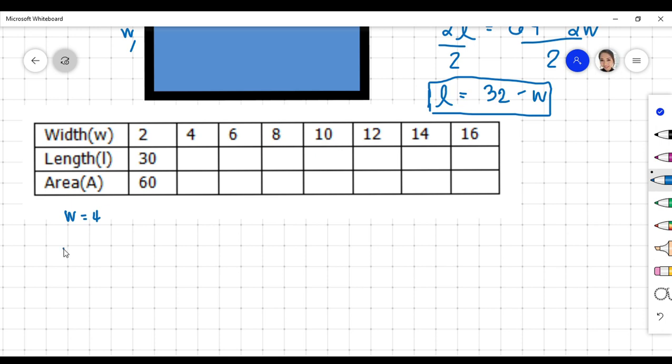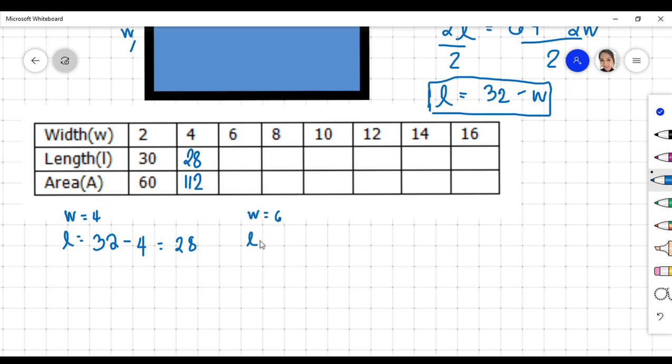So, length is equal to 32 minus 4, and that is equivalent to 28. So let's write here 28. Now to solve for the area, multiply 4 and 28. So the answer is 112.